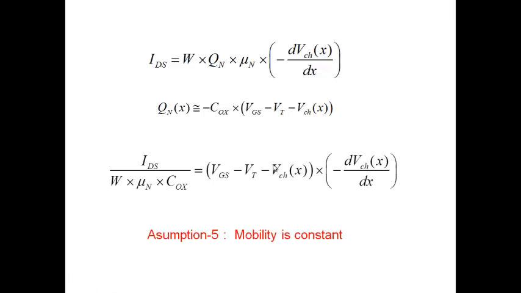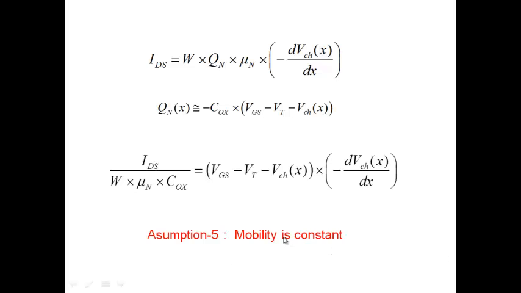The next thing is that we make another assumption: mobility is constant. Note that I've taken it here, and what we are going to do soon is an integral with respect to dx here and an integral with respect to dx here. And mobility, we know, varies with field. As you apply higher and higher field, the mobility decreases, the velocity saturates.